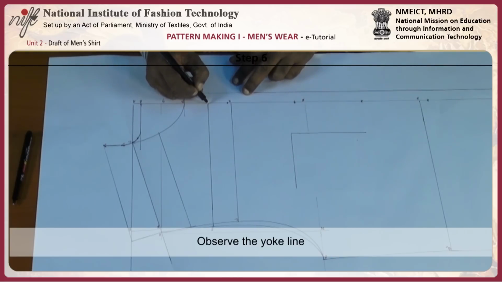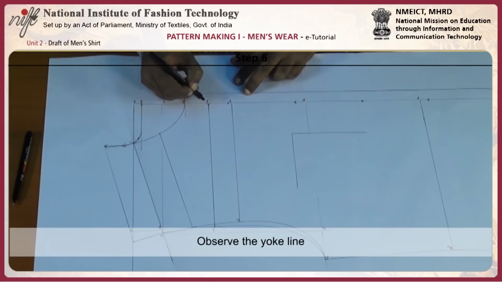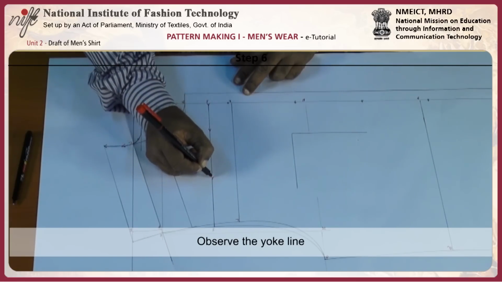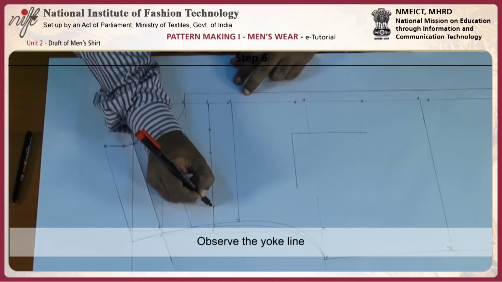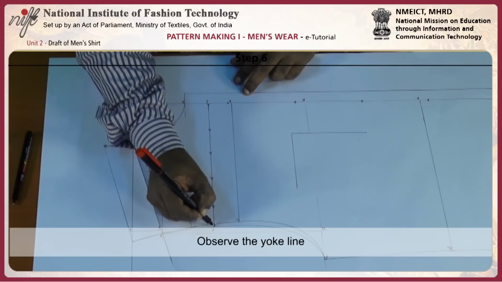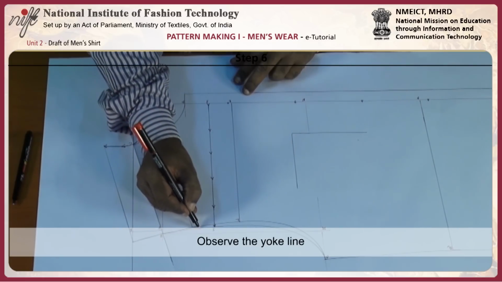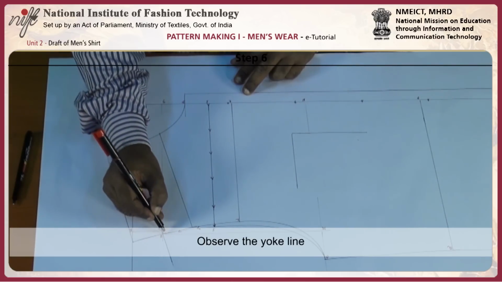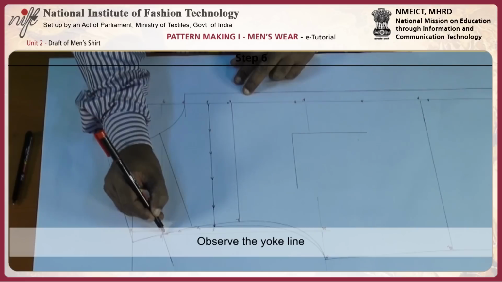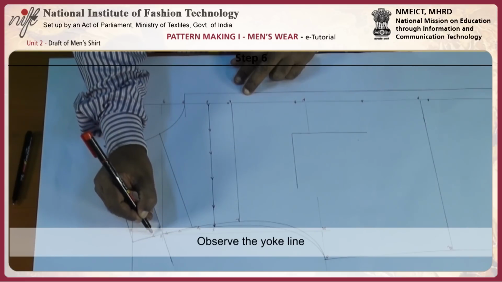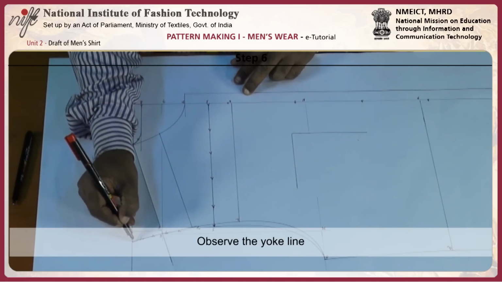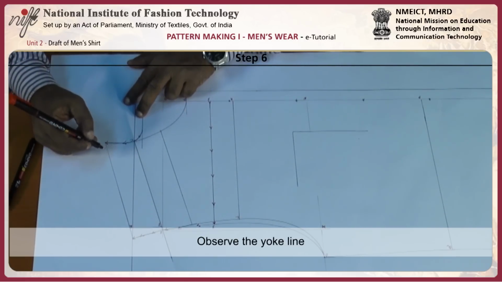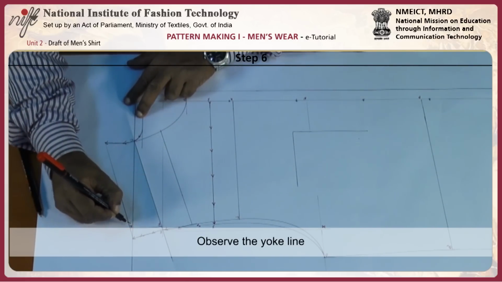Then the yoke seam, shoulder seam for the yoke continues here, then do this.